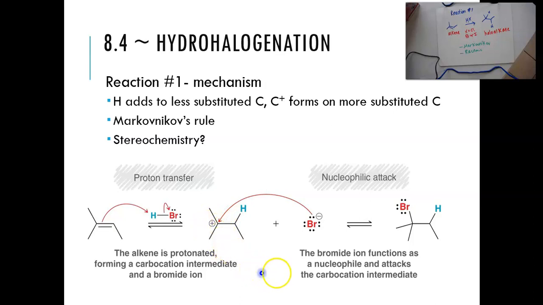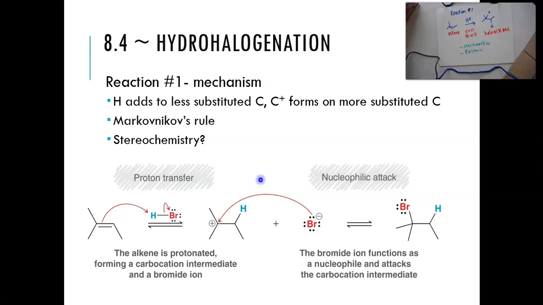So then the second step of this reaction, we're doing a nucleophilic attack. So from our halogen, we're going to draw an arrow to that carbocation, and that creates a new bond to our other vicinal carbon. So Markovnikov's rule states that we're going to put our carbocation in the most stable position.